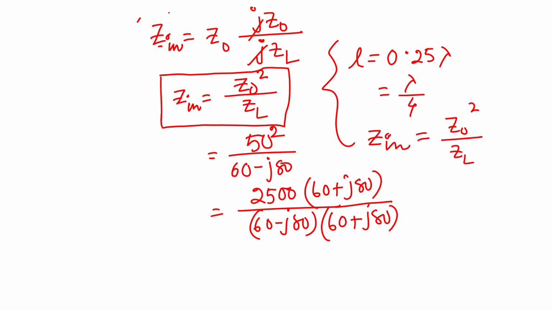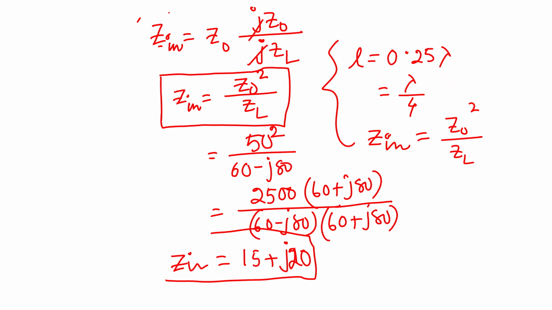If we remove the brackets and simplify the terms, then finally the value of Z in will be equal to 15 plus j20. So that will be the final value of input impedance for this transmission line given in the question. Okay, so this is how we can solve this problem.